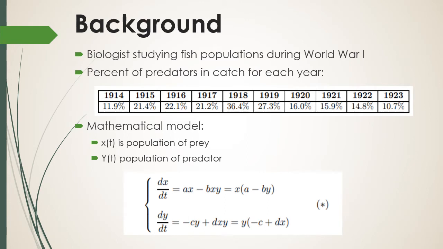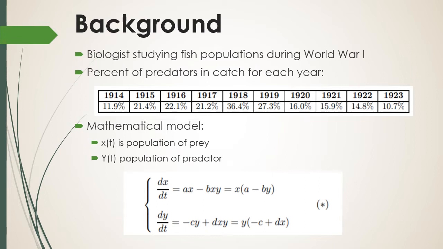If you read the discussion given in the lab, it describes an Italian biologist who was studying the populations of fish that were caught during the years of World War One around the Mediterranean area.